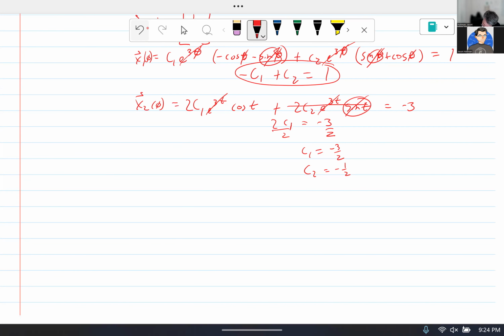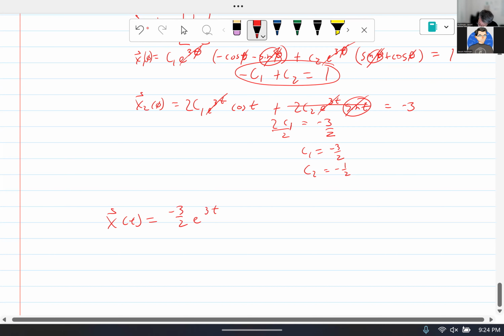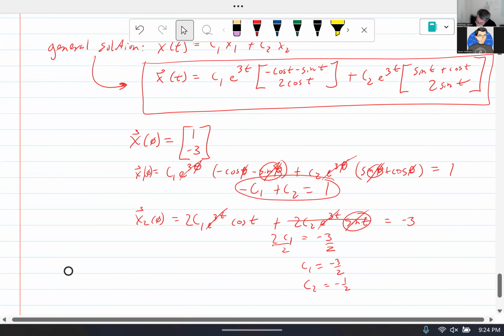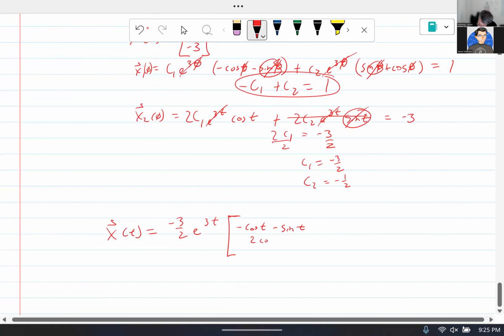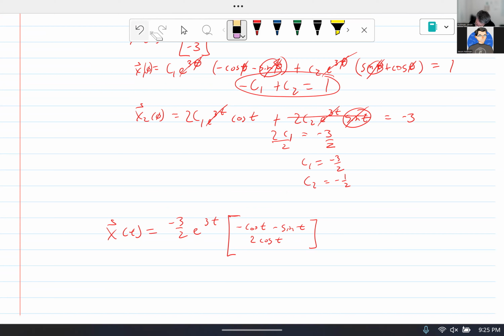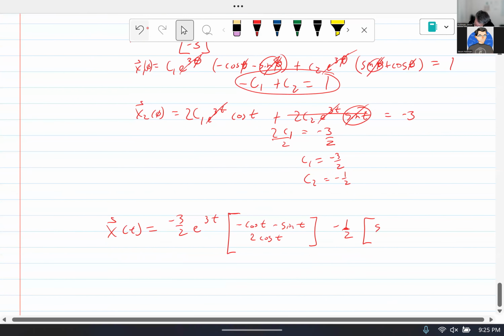x of t is equal to negative 3/2 e to the 3t times, let me go back up here, negative cosine t minus sine t, and then we had 2 cosine t, plus negative 1/2 times this was sine t plus cosine t, and then 2 sine t.